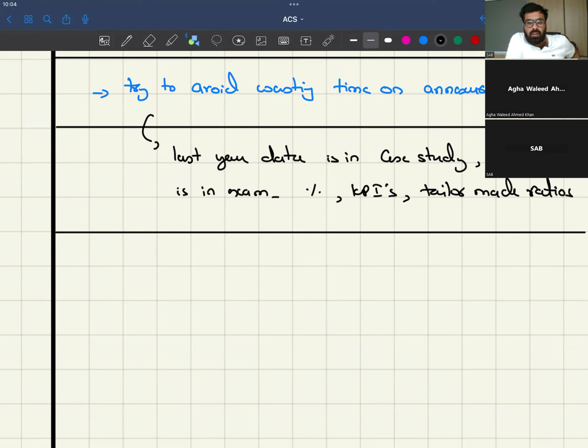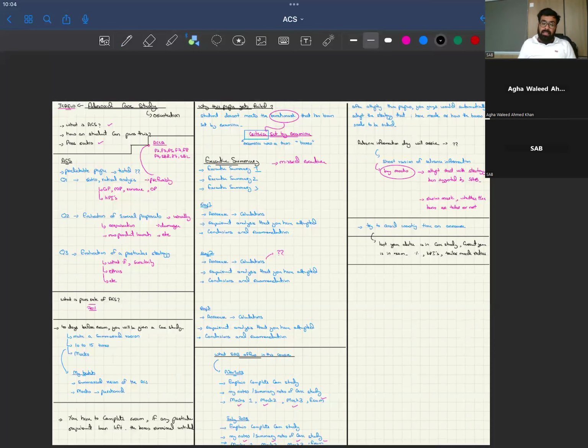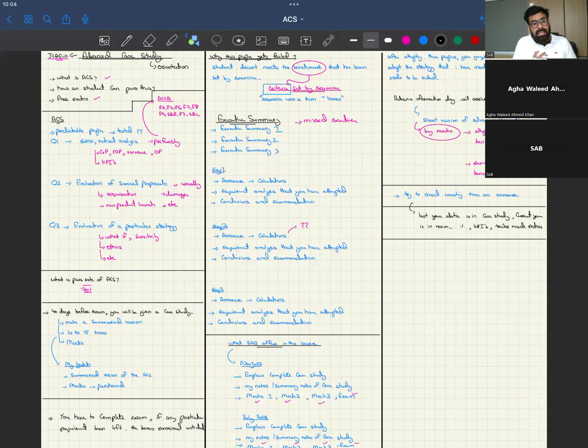And if the other boxes are not touched, there is a problem, guys. So guys, hopefully I'm being clear about what exactly needs to be done in this paper.